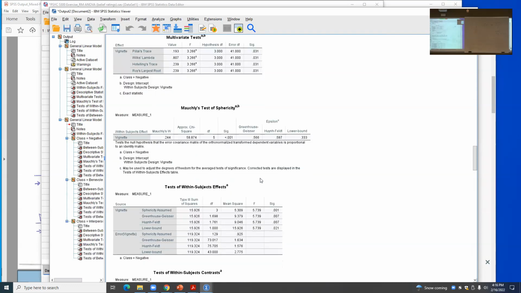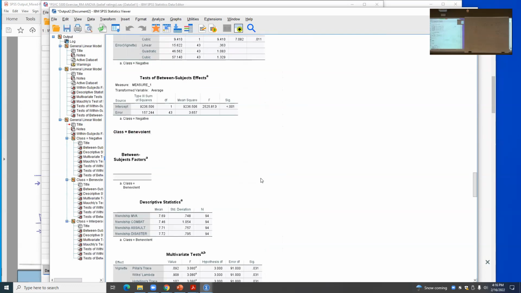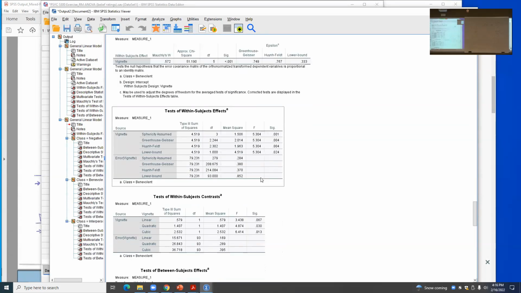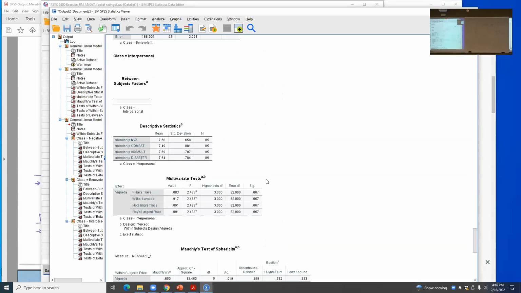My benevolent group. And my interpersonal group.